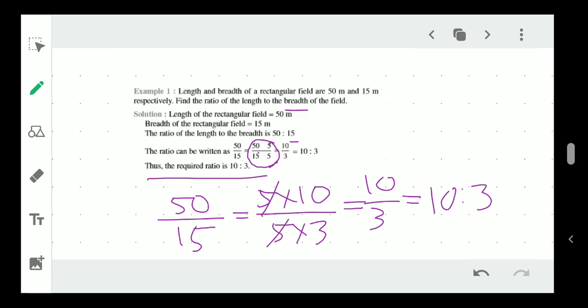So you just have to write the two numbers which are given to you with the "is to" sign, that is a colon, and then you have to simplify it using the simplification method of fractions. Okay, so this is basically easier.